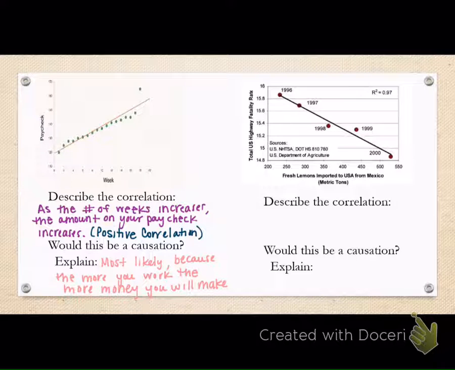The X says fresh lemons imported to the USA from Mexico, and then the Y says the total U.S. highway fatality rate. Can you guys read that on yours at all? Okay. So, Alex, give me the sentence that describes the correlation. As fresh lemons imported to the USA from Mexico increase, total USA highway fatality rates decrease.